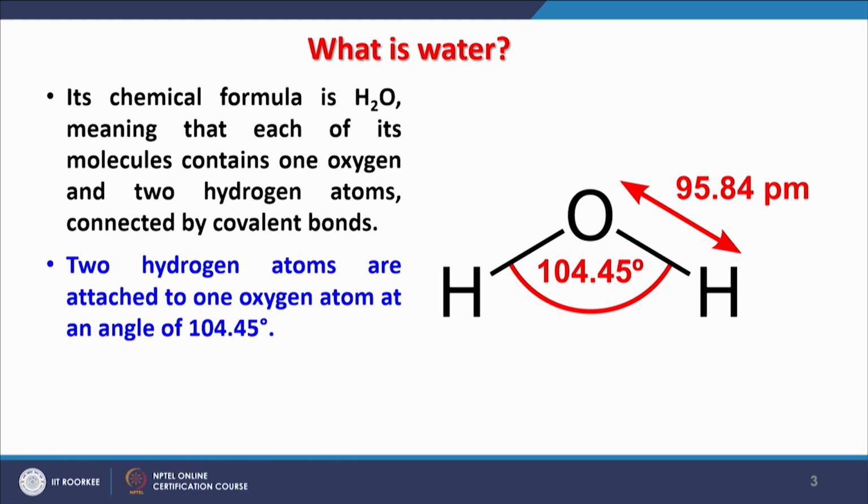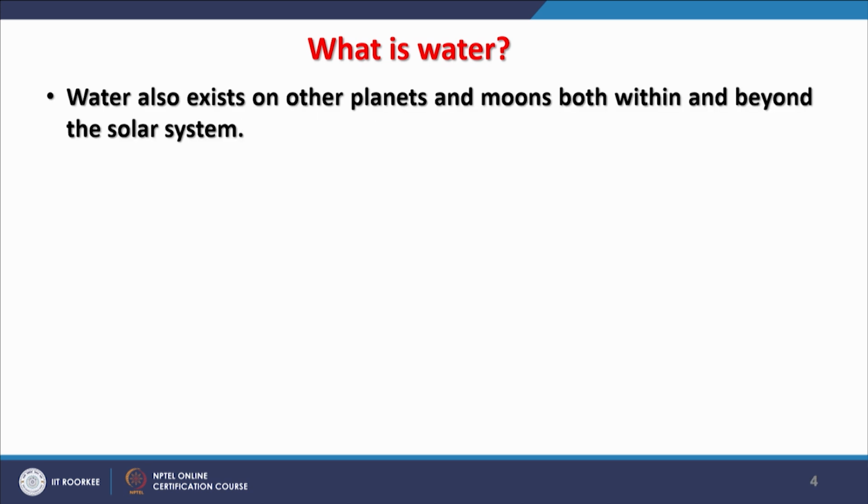Between these two hydrogen bonds, the molecule has an angle of about 105 degrees. So, these two hydrogen atoms are attached to one oxygen atom at an angle of 105.25 degrees. This is important because when the state of water changes, these angles and other things might change.